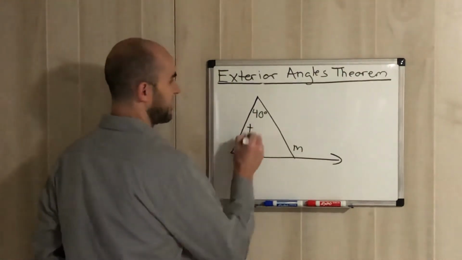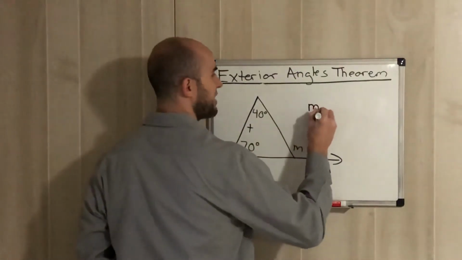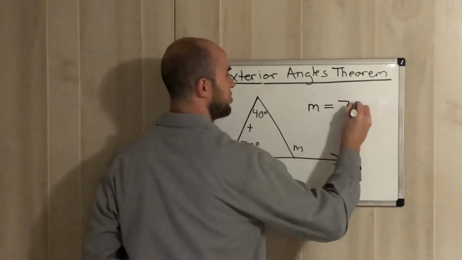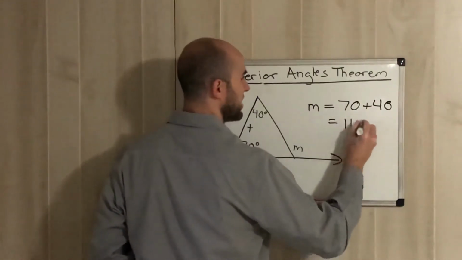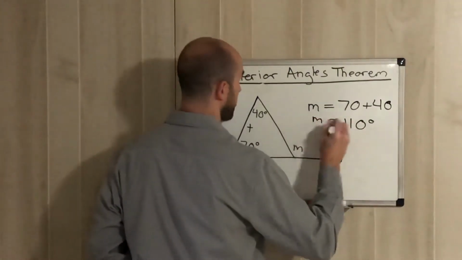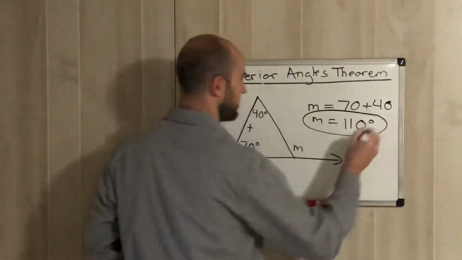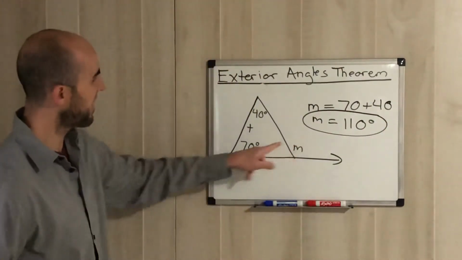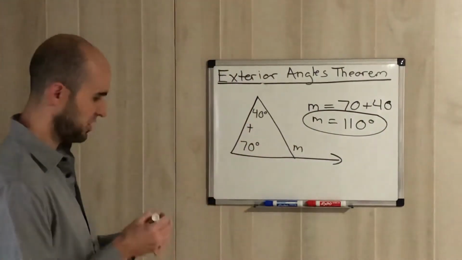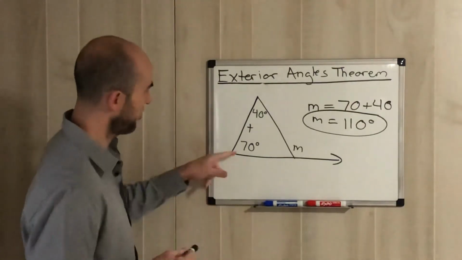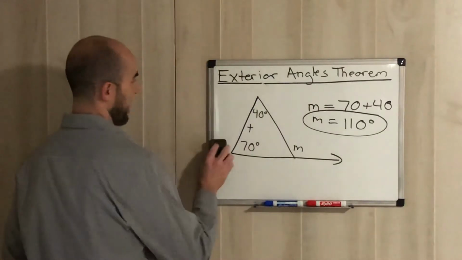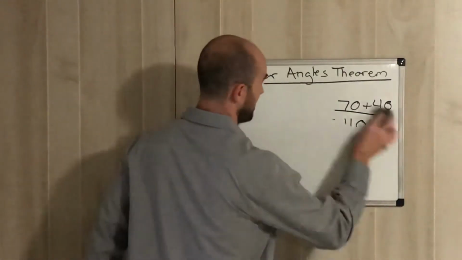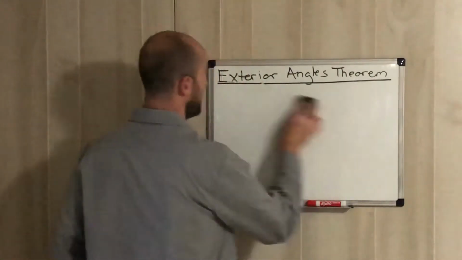So since that's 70 and that's 40, to figure out the exterior angle, we would just do 70 plus 40, which would give us 110. That's all it is. Whenever you want to find the exterior angle, it's always the sum of the two remote interior angles. It's always the sum of the two angles that are away from the exterior angle. And you always add them to find the exterior angle, right?